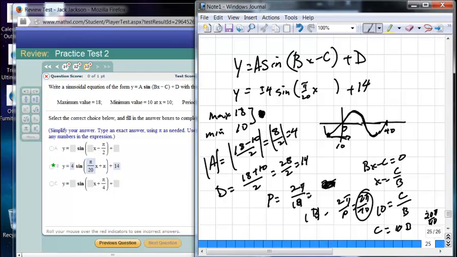Let's see here. 2 pi over 40 is pi over 20. Let me see if I got the right thing here. B is pi over 20. So 10 times pi over 20 is pi over 2. So we could shift to the right by pi over 2.